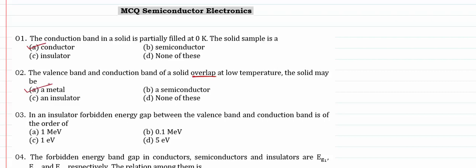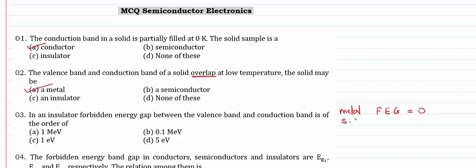Third one, in an insulator, forbidden energy gap between valence band and conduction band is of the order. So you should know, in just second question we had, in metals forbidden energy gap will be 0.